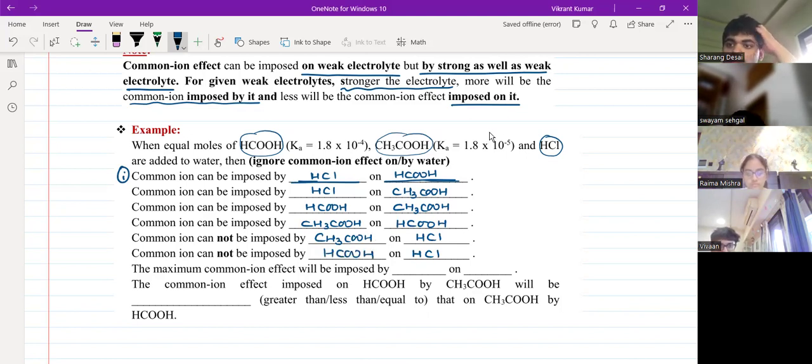Now, maximum common ion effect will be imposed by what and on what? Now answer me. Vivan, tell me the answer. Maximum common ion effect will be imposed by HCl. Okay. Raima, on what?